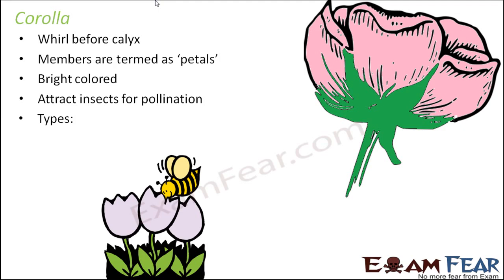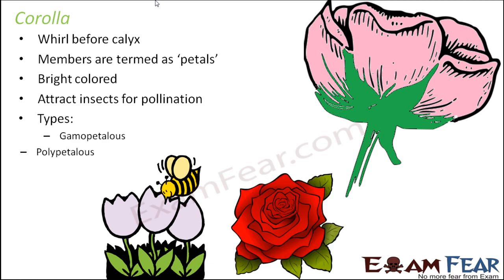Again, here also depending upon the way the petals are organized in a flower, flowers can be of two types, that is gamopetalous and polypetalous. It is exactly as how we talked about gamosepalous and polysepalous. So here also gamopetalous would mean united petals.